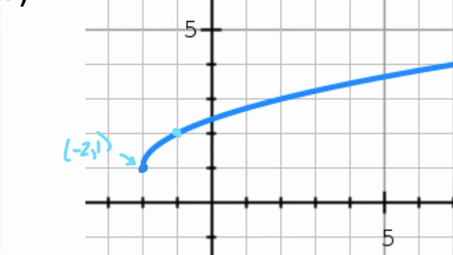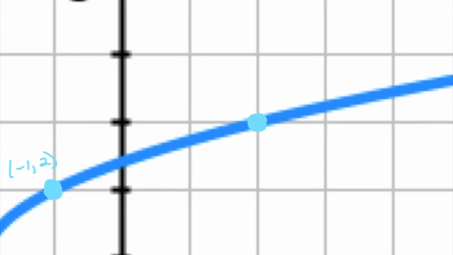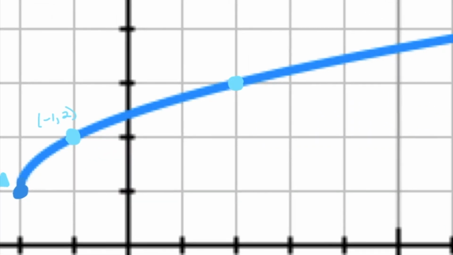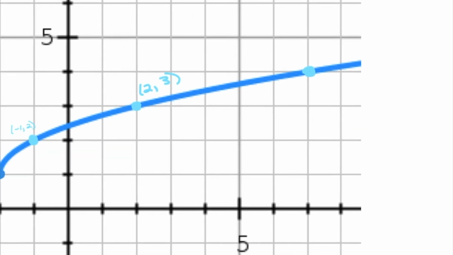But I also see that this graph goes through easy to graph points at these places. So this is -1, 2, and over here, this is 2, 3, and this point over here is 7, 4.